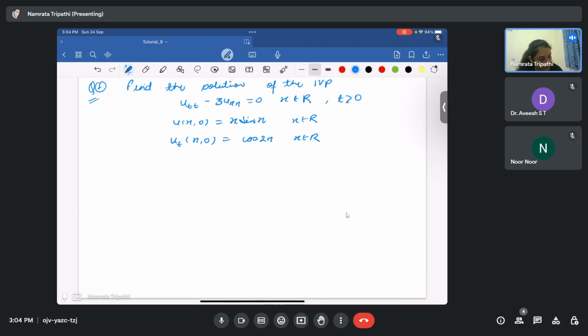For x belongs to R, which formula can we use? We have learned in the lecture series the form of the wave equation solution when x belongs to R, and when x is greater than 0.